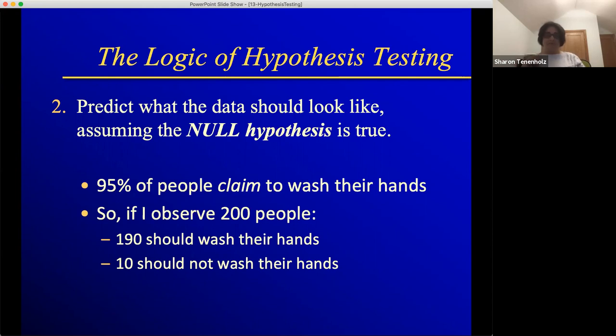If my null hypothesis is true, and that's the place I'm starting from. My null hypothesis is true. So if I observe 200 people, at least 190 should wash their hands. Everyone with me so far?